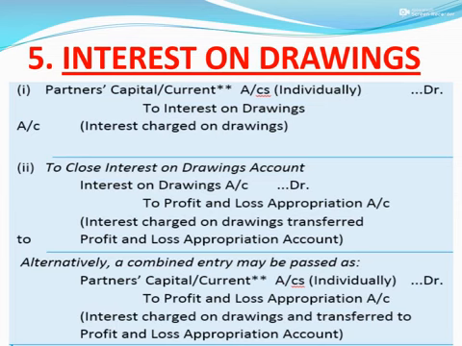Now we will charge it from the partners and show it as an income in the profit and loss appropriation account. So interest on drawings account debit to profit and loss appropriation account. We can make a combined entry also: partners capital or current account debit to profit and loss appropriation account.